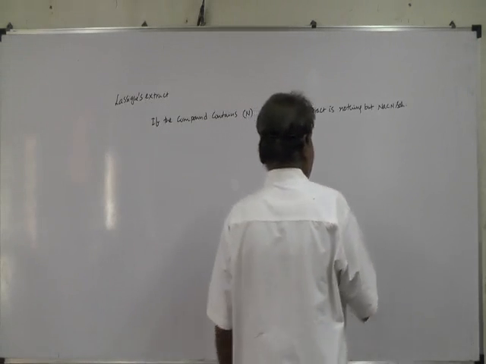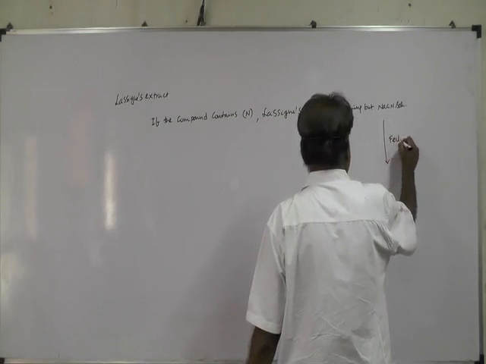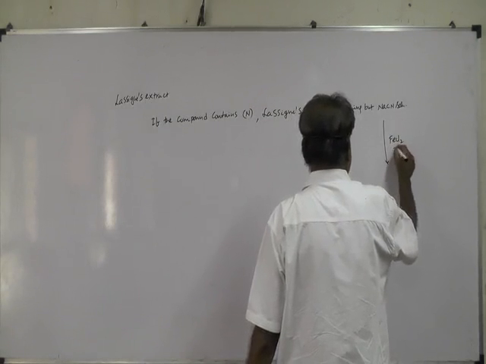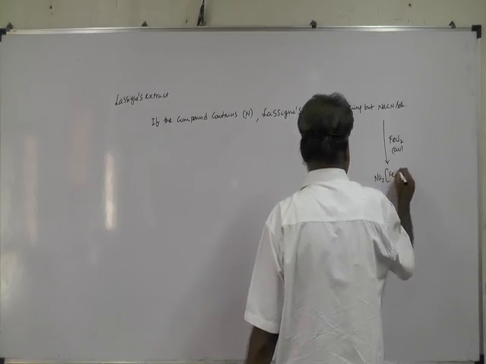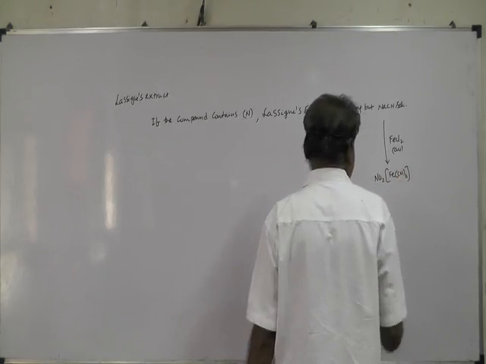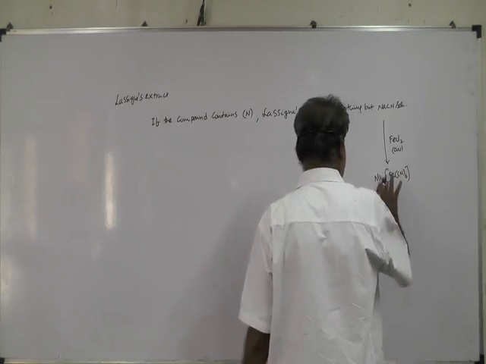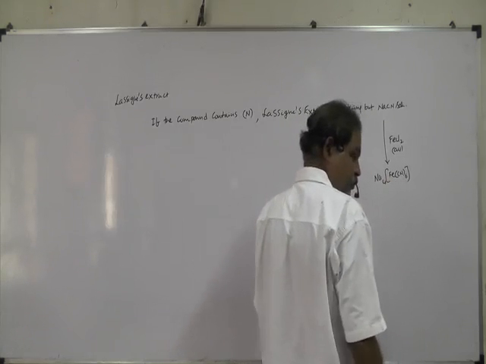Now, you test for NaCN with FeCl2 aqueous. You get Na4FeCN6.